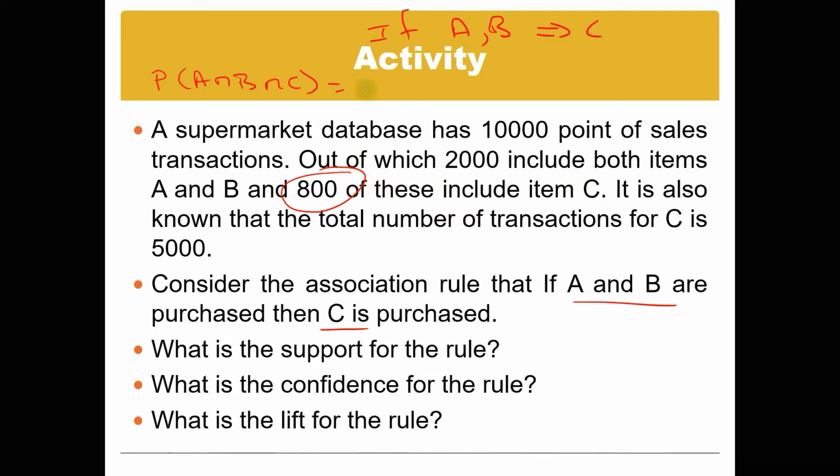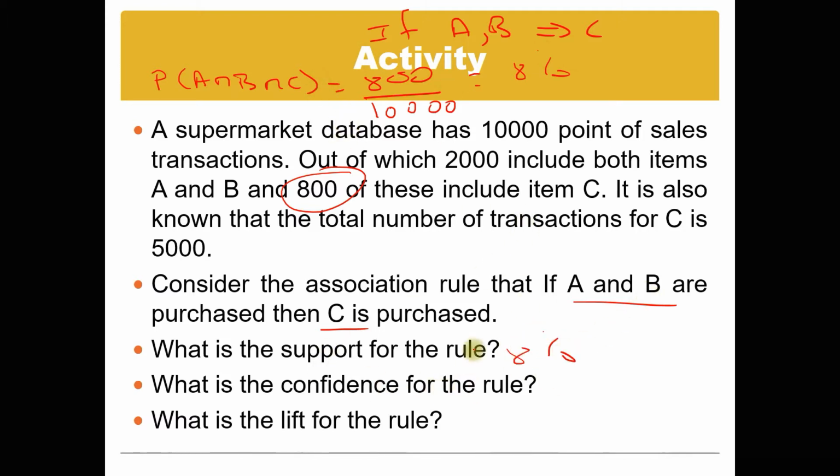If you read it properly, you will see that there are 800 times. So this is 800 out of the total number of transactions, which is 10,000 here. So we have a case of 8%. That is, the support is 8%.